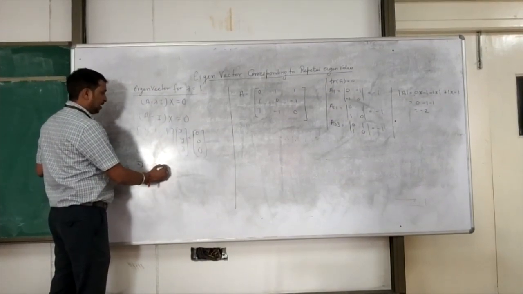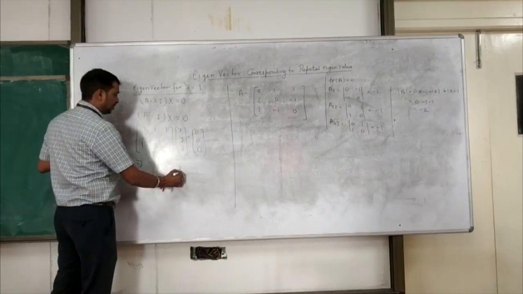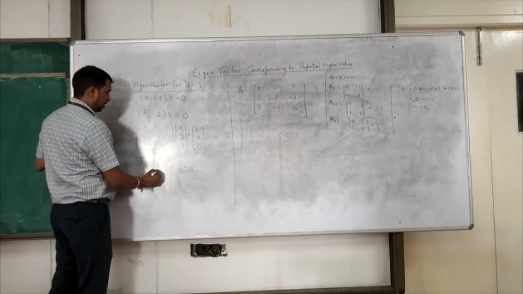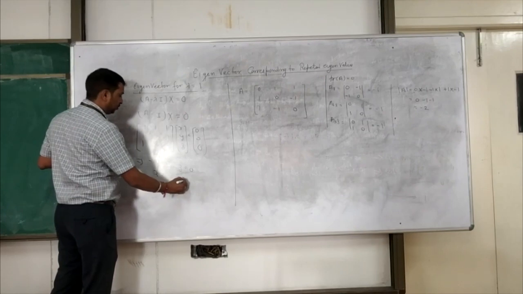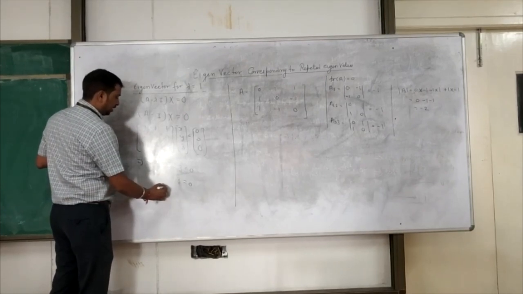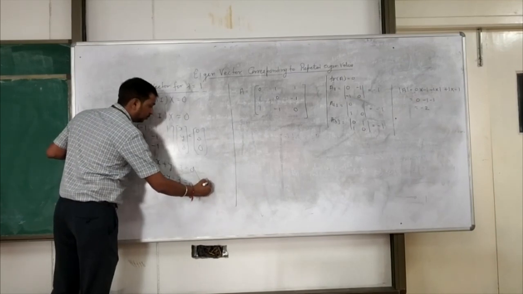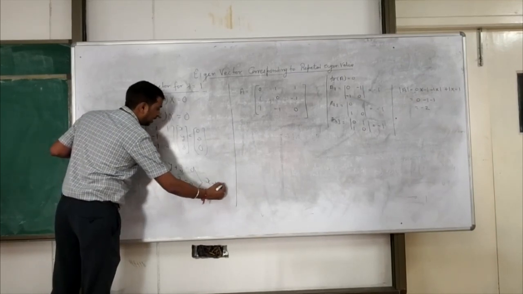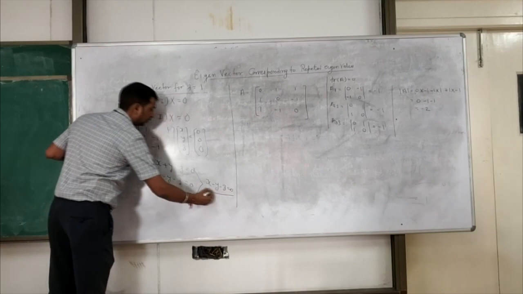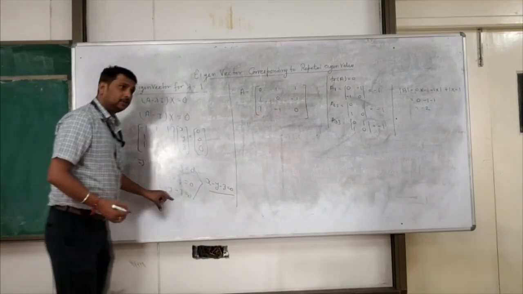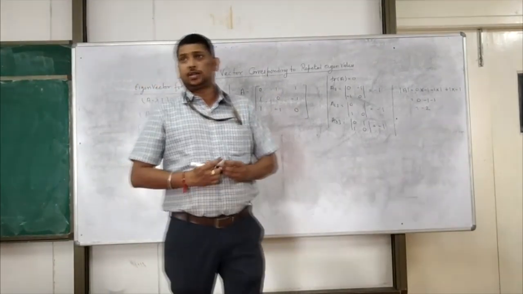What are the equations? Minus x plus y plus z is 0, x minus y minus z is 0, x minus y minus z is 0. It means all are equivalent to x minus y minus z is equal to 0. Same equation, all are the same.